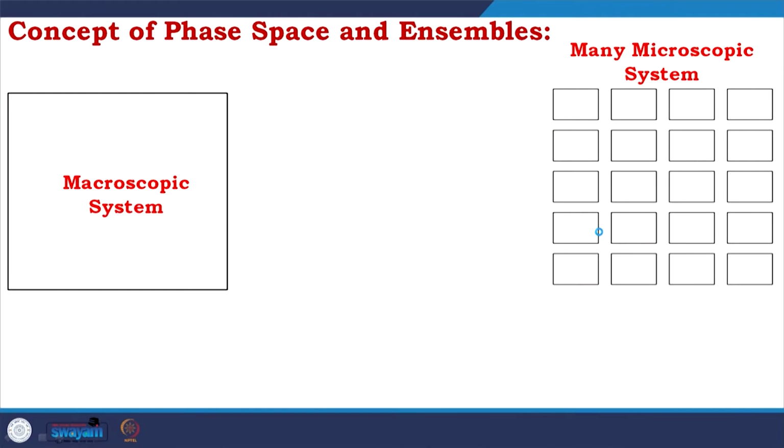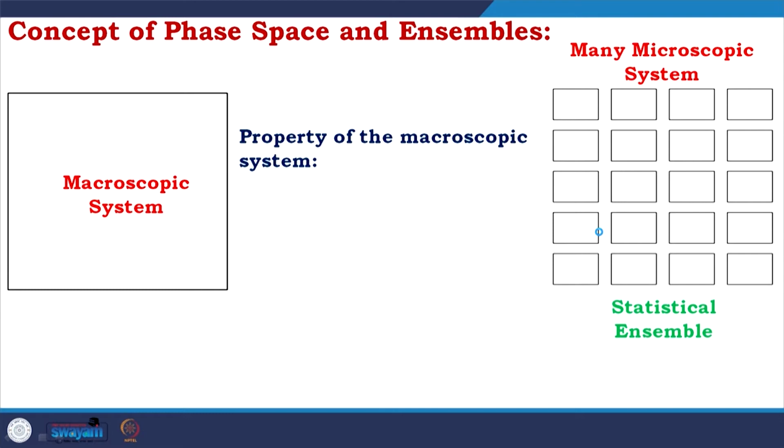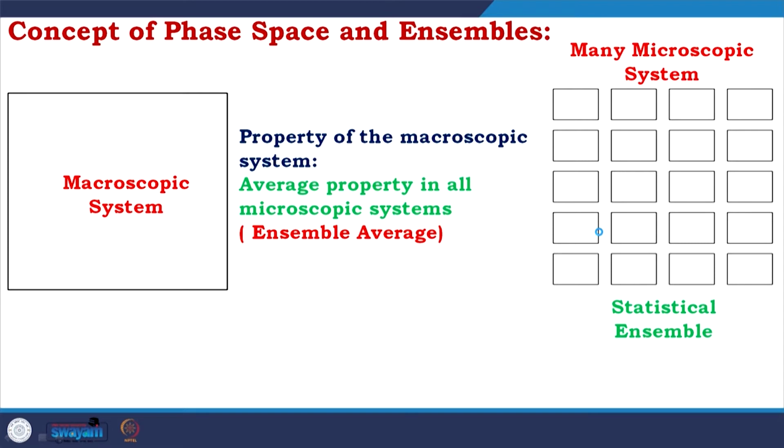Even smaller, the protein, if it could be in a crystal, the crystal is a macroscopic system, and an individual protein is a microscopic system. So, a macroscopic system could be divided into many microscopic systems, and these are called a statistical ensemble. Now, the property of the macroscopic system is the average property over all the microscopic systems, which is called the ensemble average.